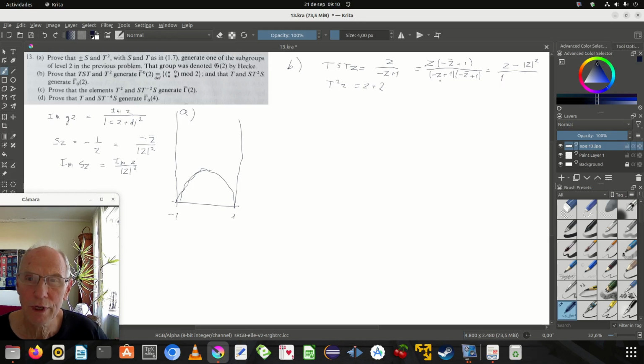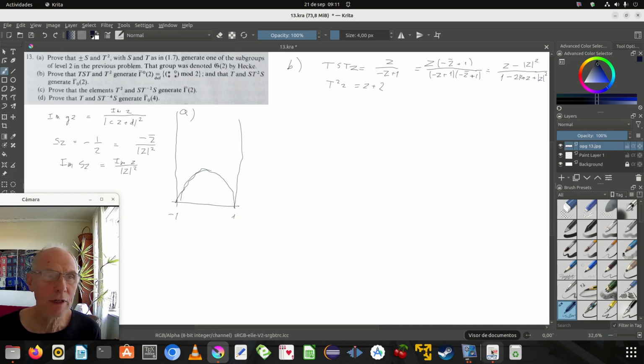So units is okay, and then minus the real part of Z times 2, and then the norm of Z squared. I'm not sure this is nice at all.